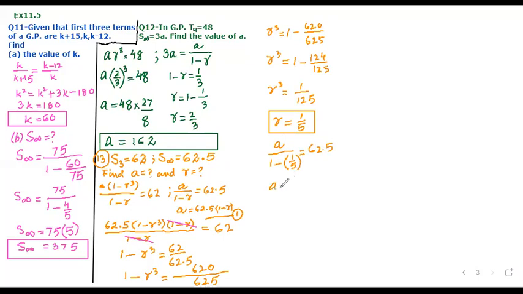So a is equal to 62.5 times 5 upon 5 minus 1, that is 4 upon 5. So a is equal to 62.5 multiplied by 4 upon 5. So the final answer of a is coming out as 50.